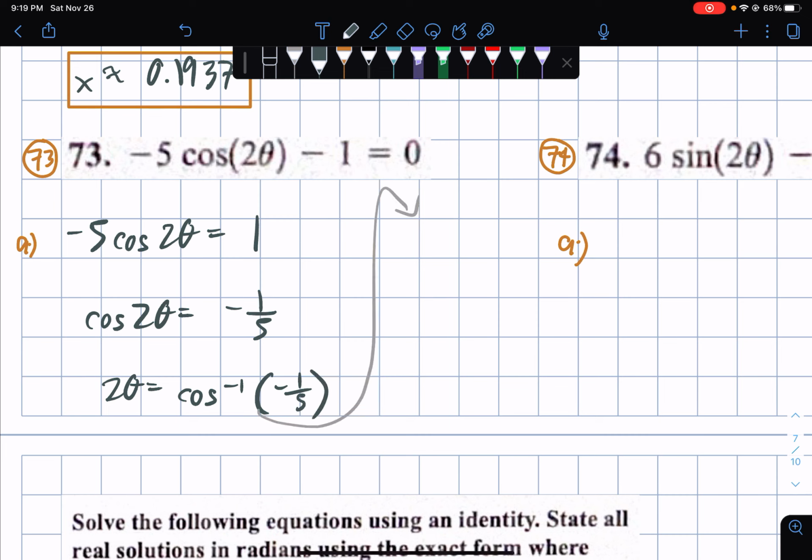Just follow along and you'll be fine. Divide both sides by 2. So we have all this. That would be approximately 0.8861.